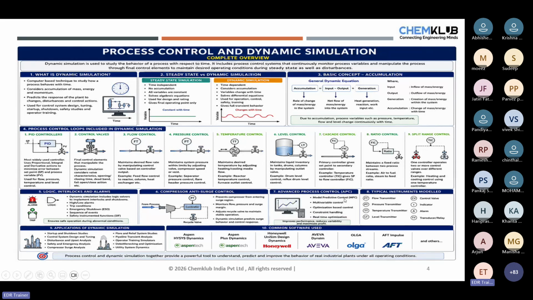That is a very advanced level of study. And then typical instruments that are modeled, flow transmitter, pressure transmitter, temperature and level transmitters, control valves, etc. All that can be incorporated in the dynamic simulation.